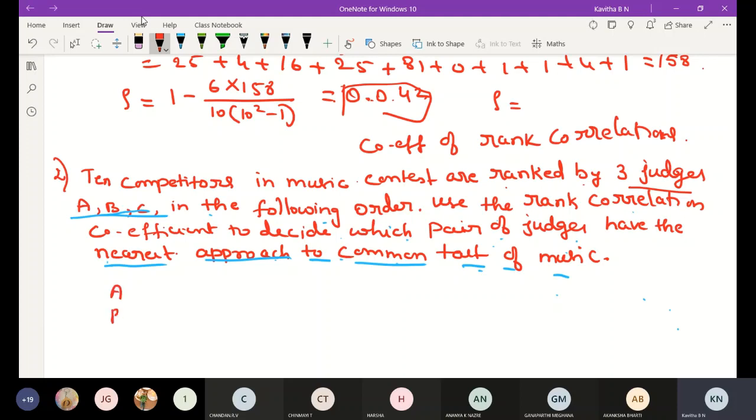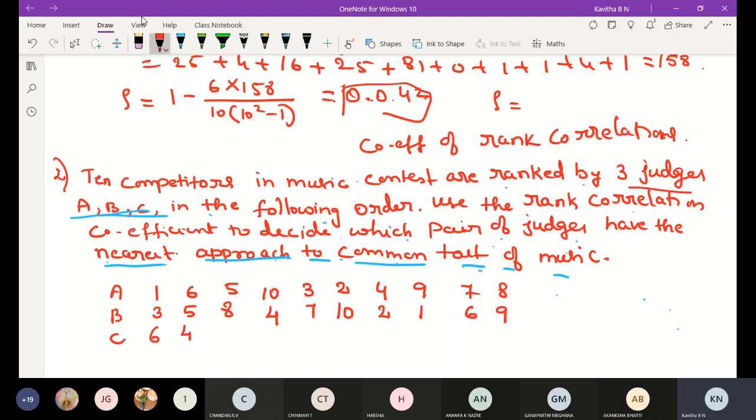A: 1, 6, 5, 10, 3, 2, 4, 9, 7, 8. B: 3, 5, 8, 4, 7, 10, 2, 1, 6, 9.